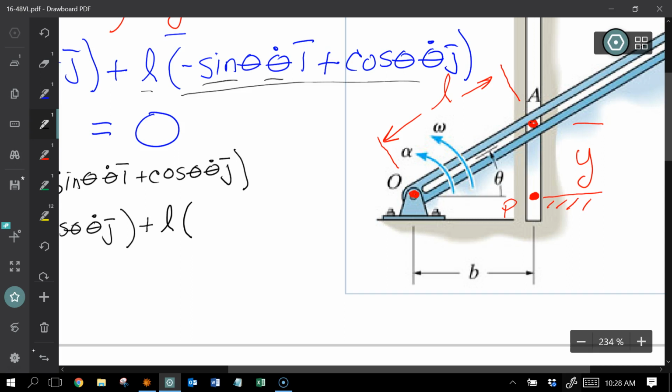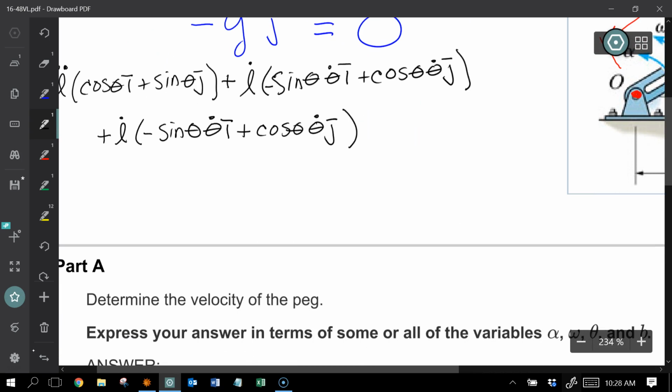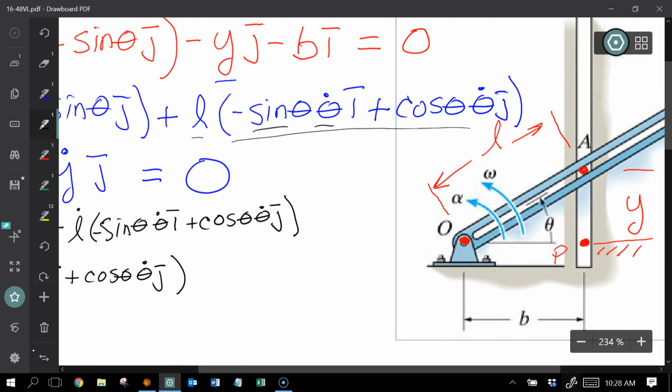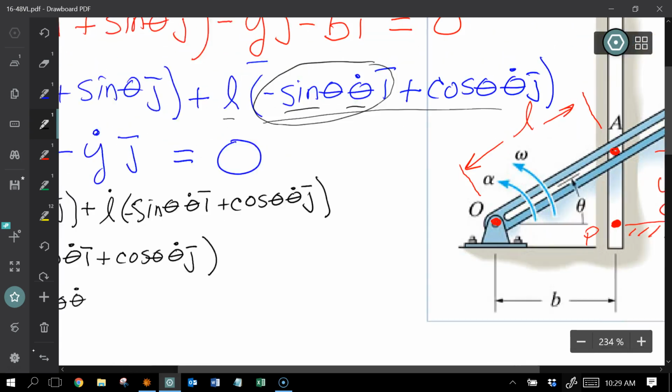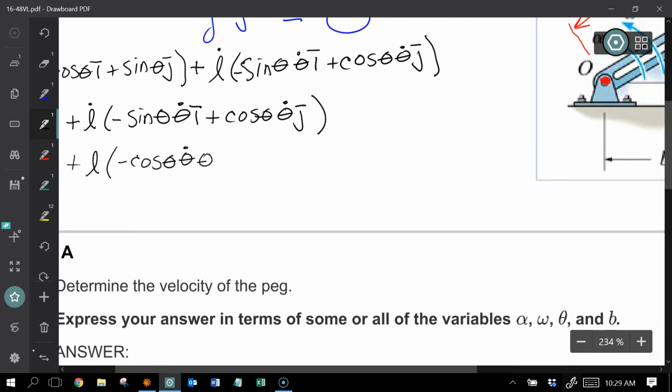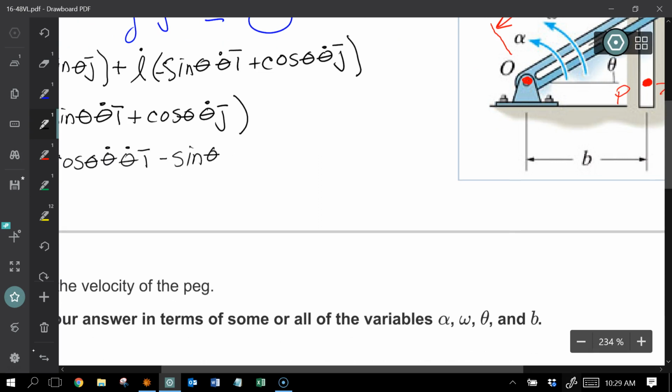So that would be the derivative of the sine. I'm going to run out of room, so I'm going to copy it back over here. Plus L, and I'm going to take the derivative of this piece right here. That would be the derivative of the first term times the chain rule, times theta dot, plus the first term times the derivative of the second term.